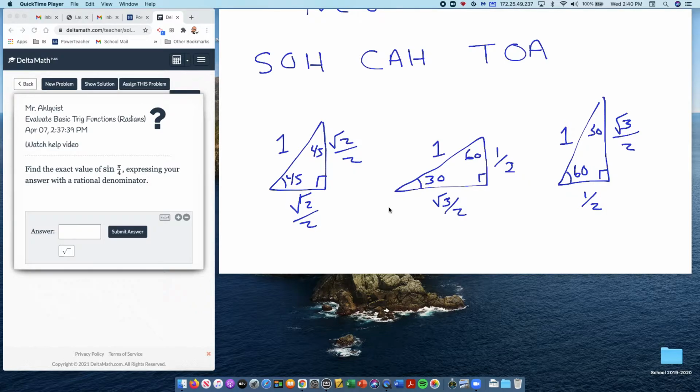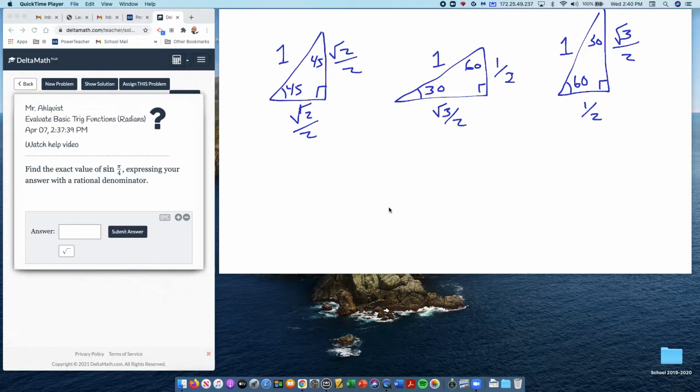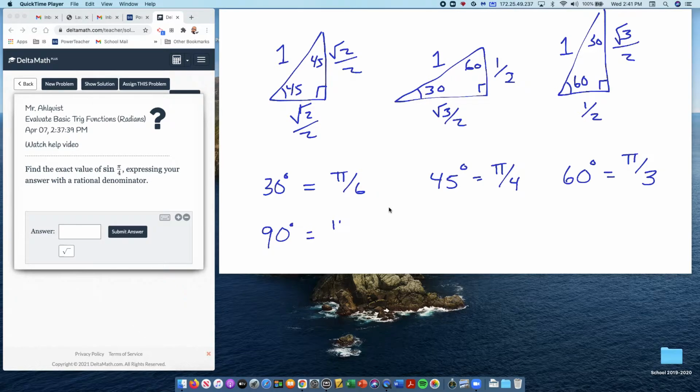A little bit more on this: all these problems are going to involve radians. Remember, 30 degrees is the same thing as pi over 6 radians. 45 degrees is the same thing as pi over 4 radians. 60 degrees is the same thing as pi over 3 radians. 90 degrees is pi over 2 radians. 180 degrees is equal to pi radians.